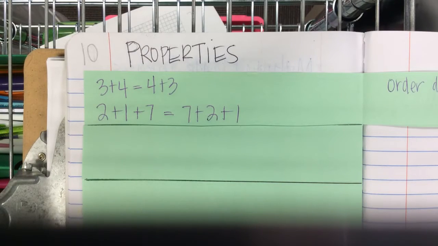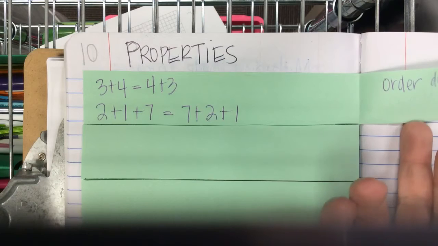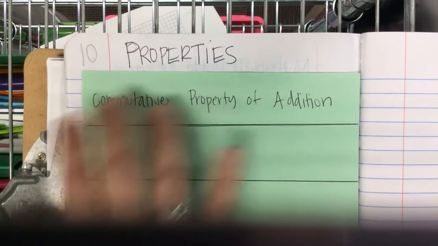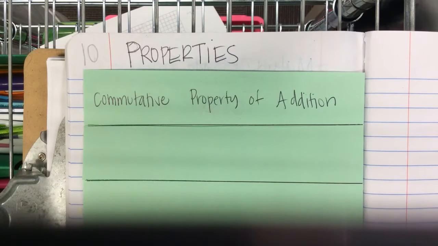If I had a subtraction up there, it wouldn't work. If I had a multiplication up there, it wouldn't work. It only works if it's only adding. Order of adding does not matter. Commutative property of addition. Next one.